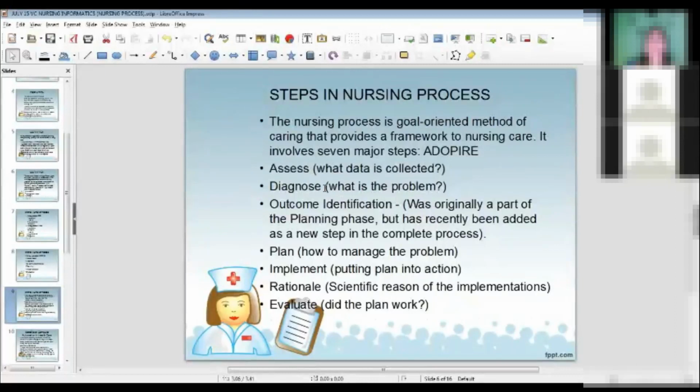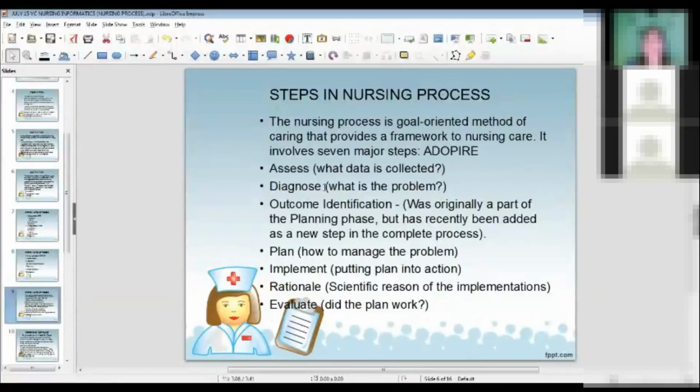Diagnose what is the problem. Before I forgot, yung diagnosis pala natin, we also follow PES format. So when we say PES, P stands for problem, E is etiology or the cause of the problem, and S is symptomatology or signs and symptoms.